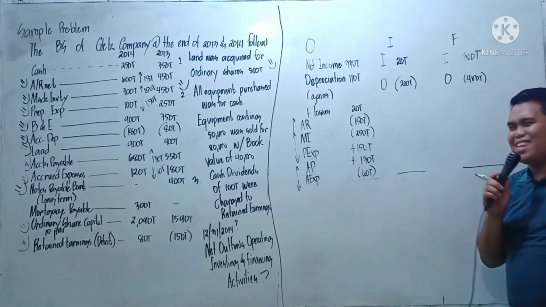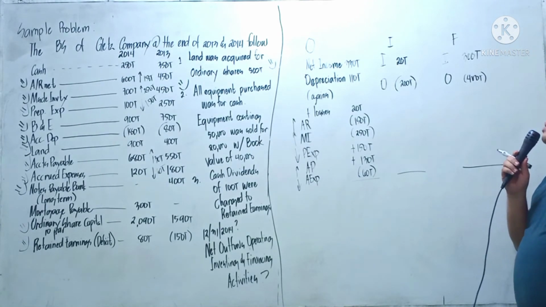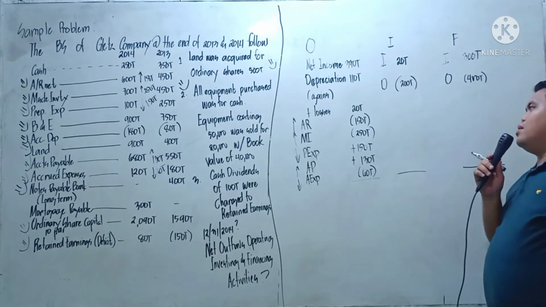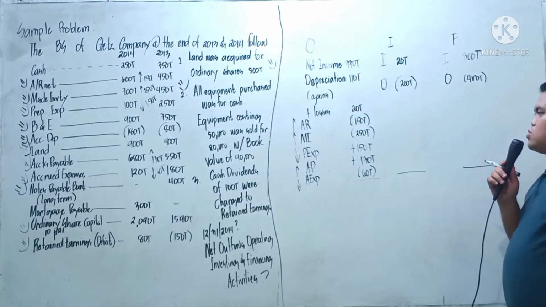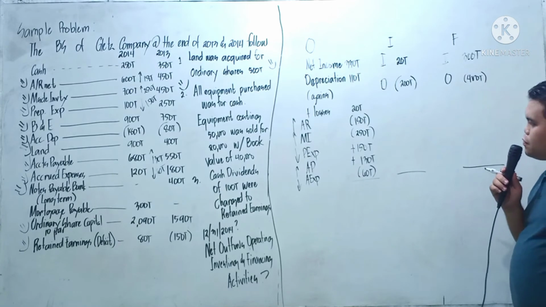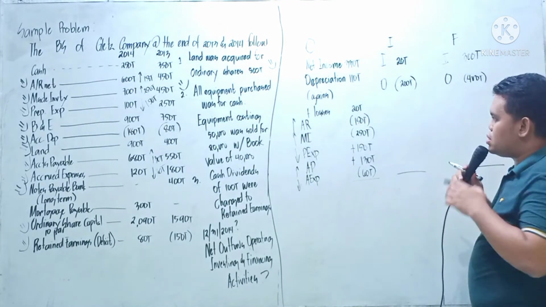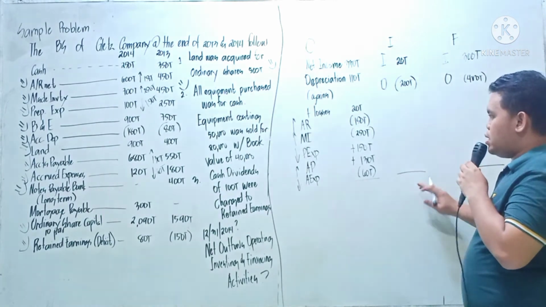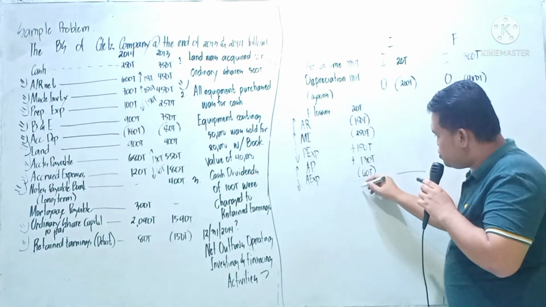You started with a net income of 330,000, plus depreciation of 110, and the losses, you need to add them: minus 150, minus 250, then add 20, add 150, add 130, but minus 60,000. How much are the operating activities? 280, positive.